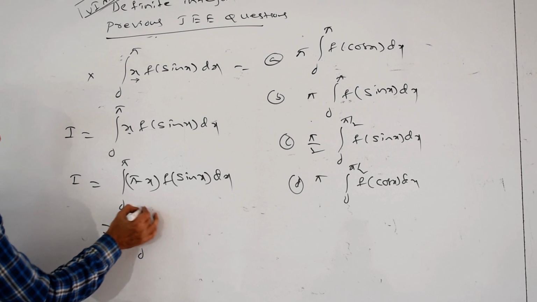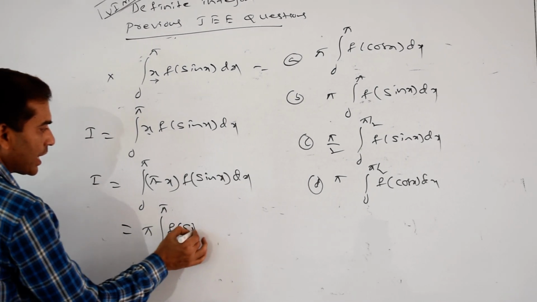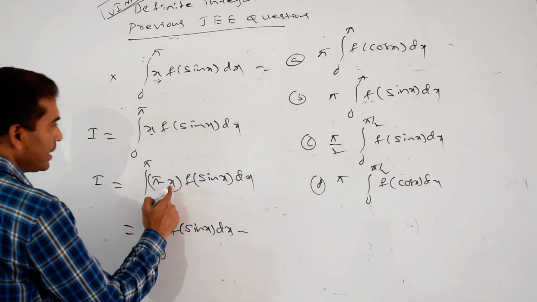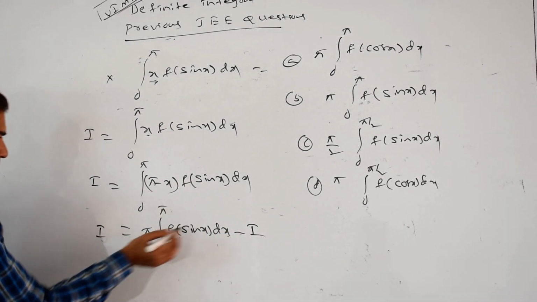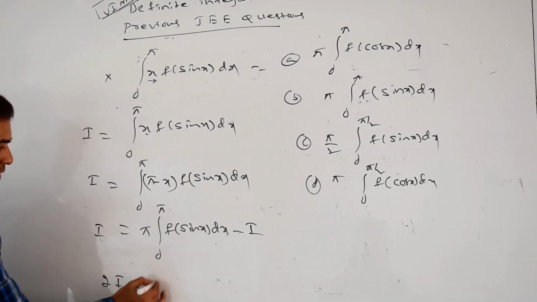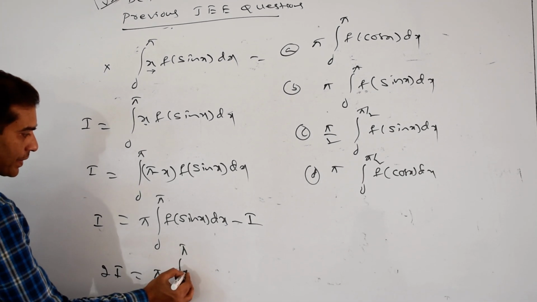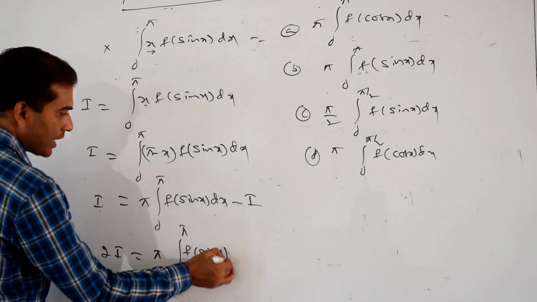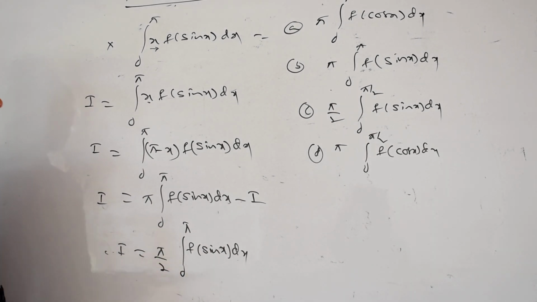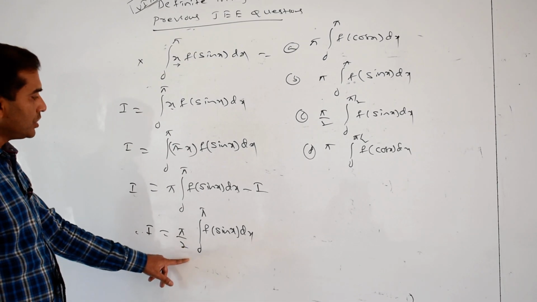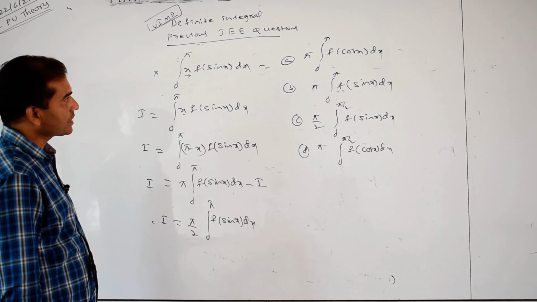Pi times integral of 0 to pi of f of sin x dx minus x into f of sin x dx is equal to I. Transpose this side, I plus I equals integral 0 to pi of f of sin x dx. So 2 comes to this side, pi by 2. Equating here, pi by 2 integral 0 to pi of f of sin x dx.